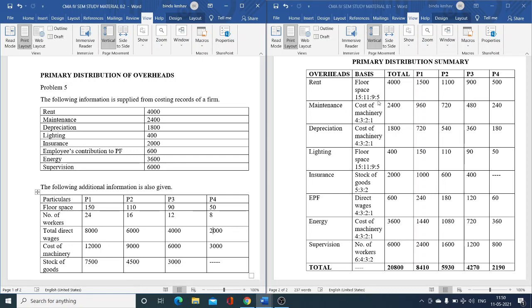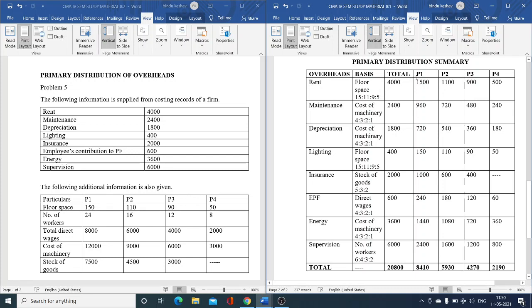15:11:9:5. Now what has to be done is the amount 4,000 rupees, that is the total, has to be written here. It has to be distributed to the four departments P1, P2, P3 and P4 in the ratio of 15:11:9:5. So what has to be done now? We have to add these items: 15 plus 11 plus 9 plus 5, which is equal to 40. Now the total is 40.